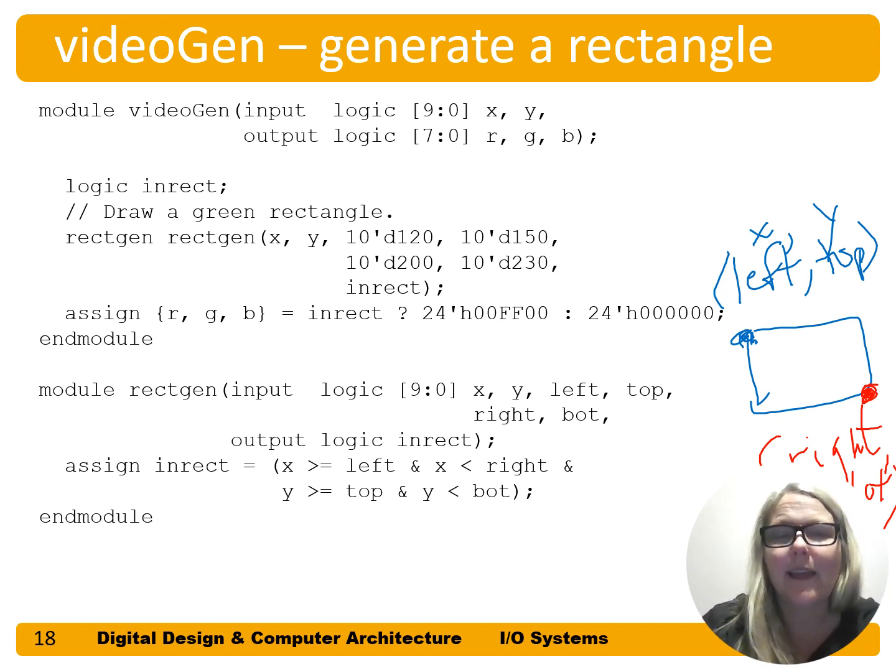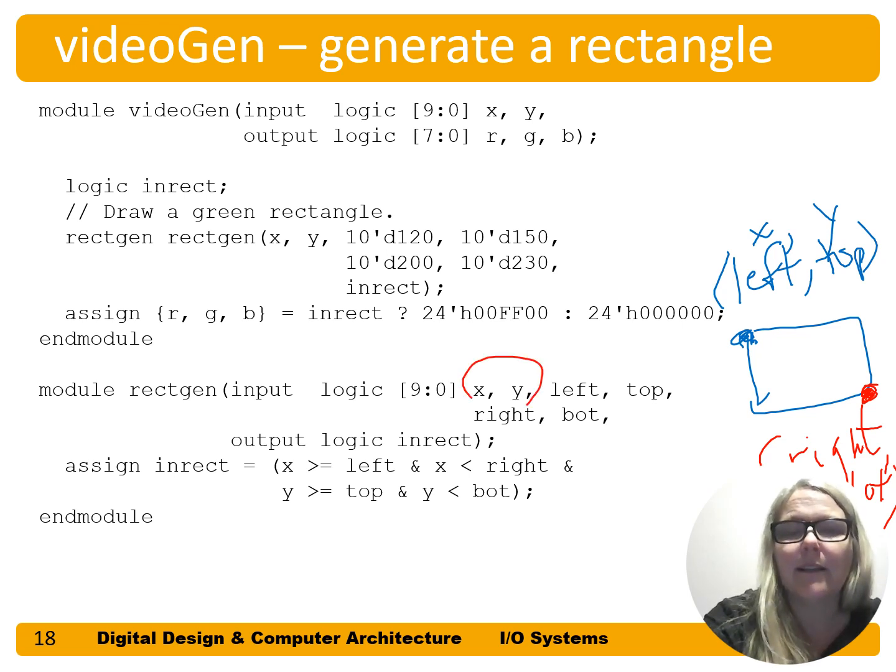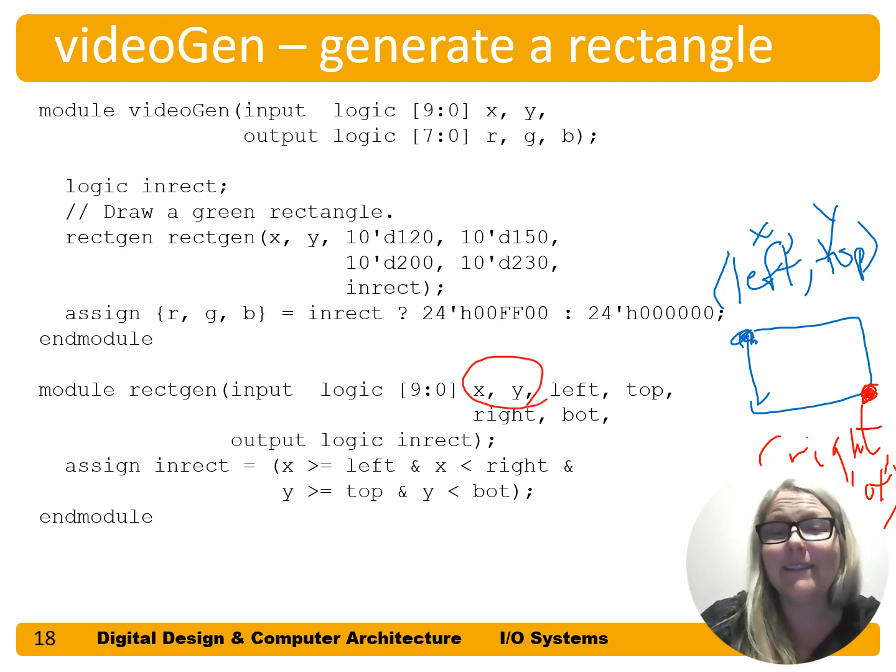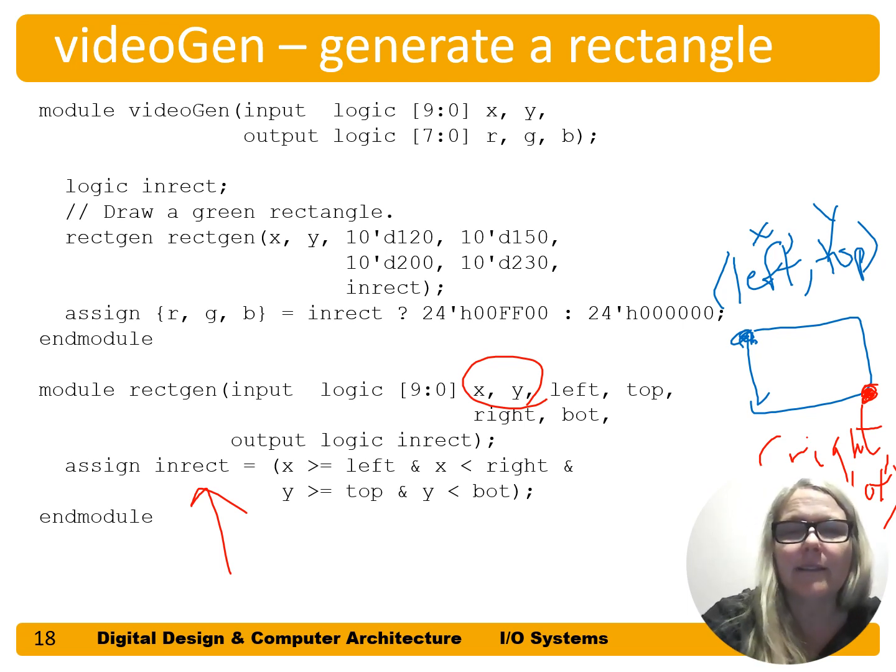If we specify that, we can specify where that rectangle is. This basically says, if the pixel that we are giving it, XY, or that we're at, is inside of that rectangle, we want to assert this signal that says you're inside that rectangle. So in rect goes asserts. Let's say we have an XY value that's somewhere here.